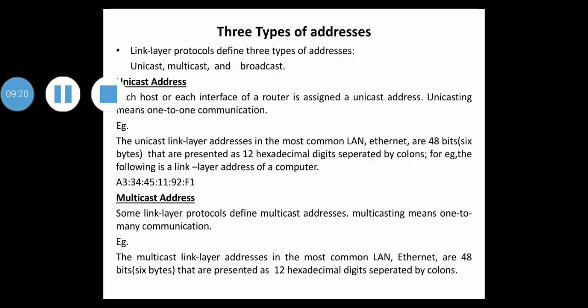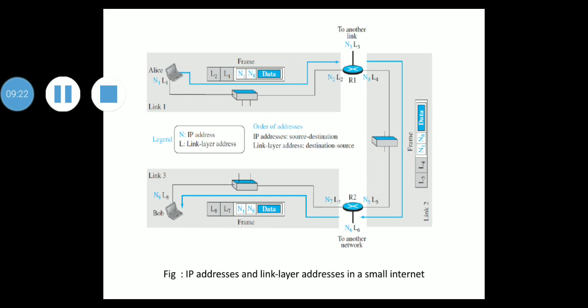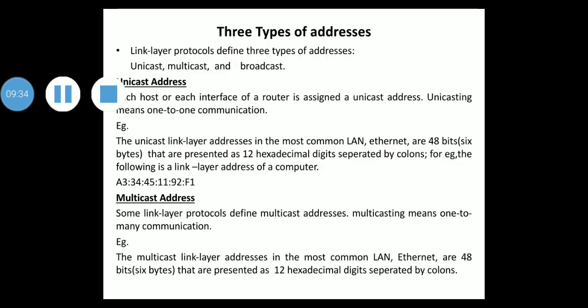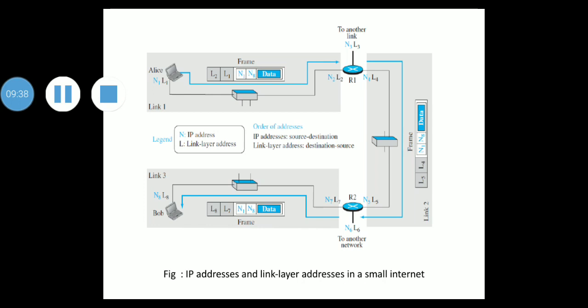When we see this figure, we have three links and two routers. This is one router denoted by R1 and this is one more router denoted by R2.